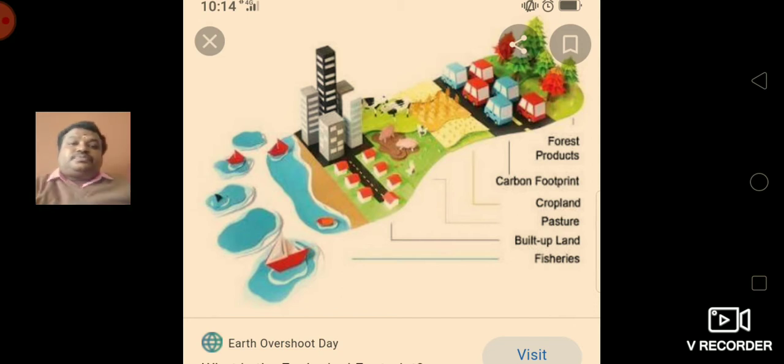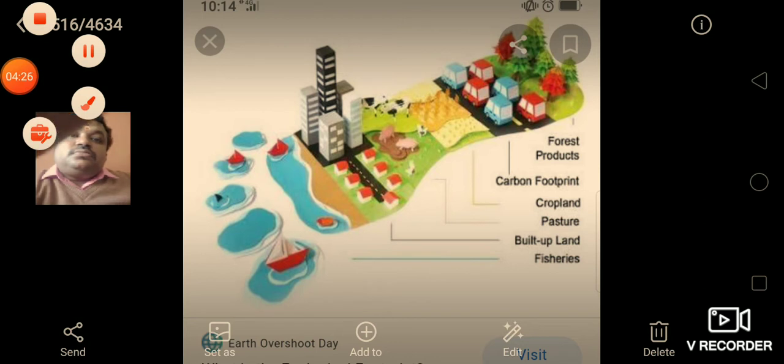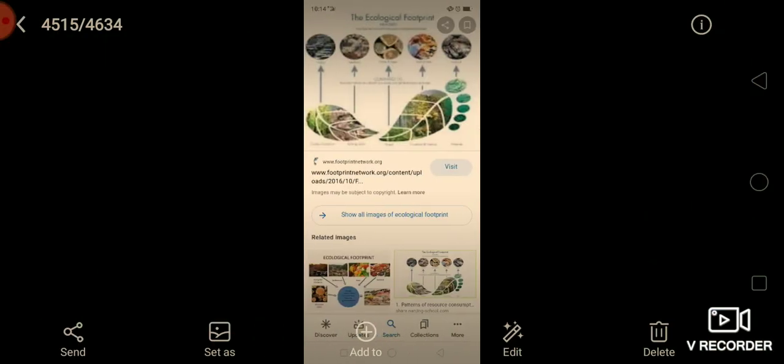Understood? In other words, the ecological footprint measures a person's demand on the biocapacity of the earth. Understood?